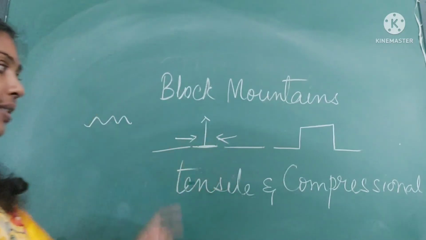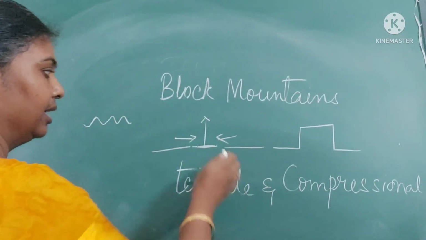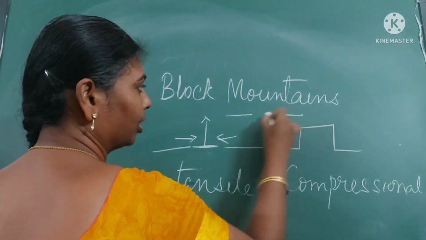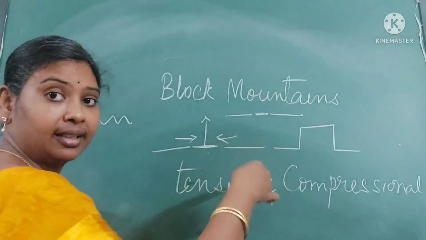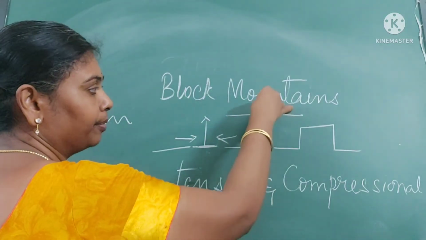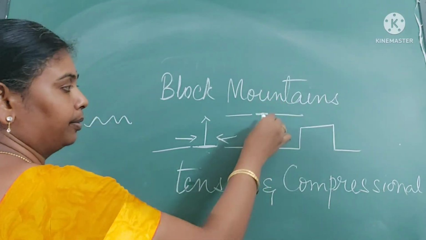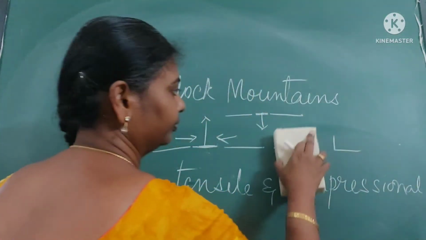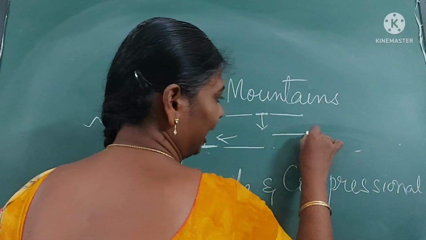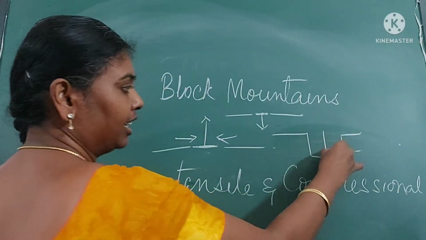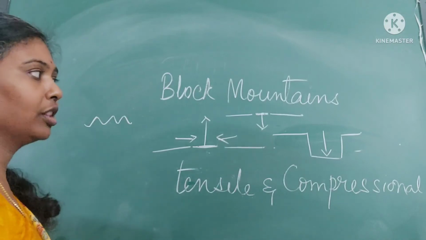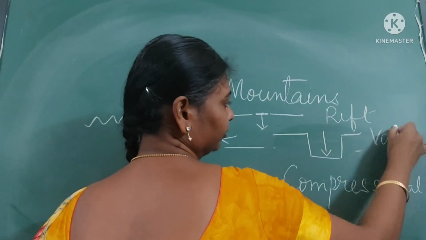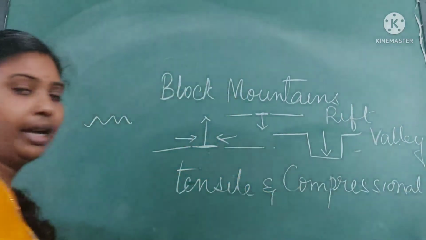In the second case, option B, they tend to move downwards also. The parallel faults tend to compress the middle block, the middle plate, downwards. So then it becomes like this, and this becomes a rift valley.